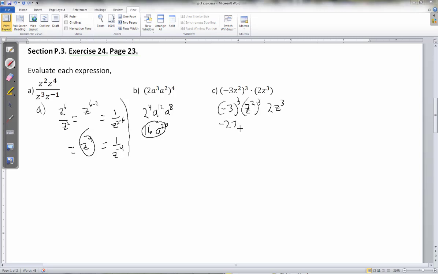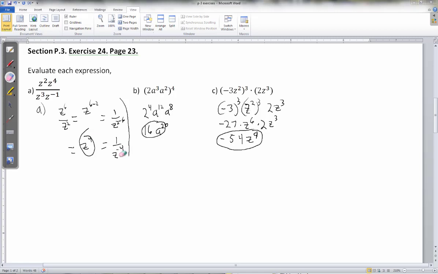Negative 27 z to the 6th times 2 z to the 3rd. 2 times negative 27 is negative 54. Z to the 6th times z to the 3rd is z to the 9th. That should be the answer.